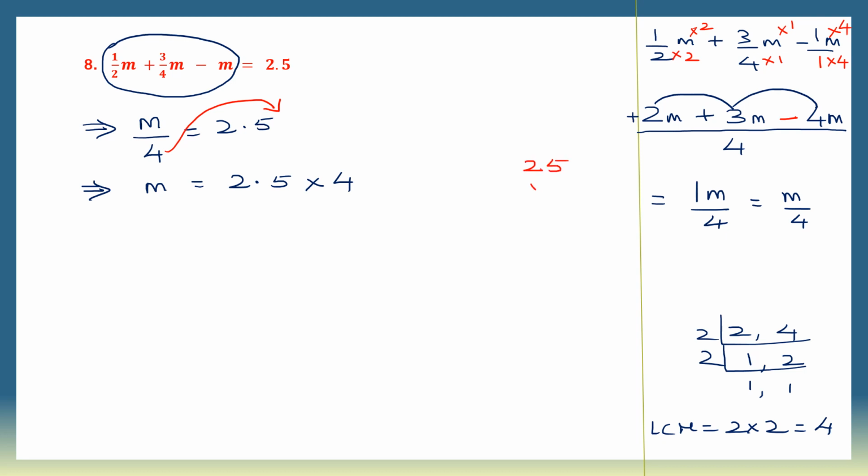That is 25 into 4 is 100. Now put the point back. In the question there is one decimal place. Our answer also should have one decimal place. So that is 10.0, or simply 10. So the value of m in this question is 10. So our answer is m is equal to 10.